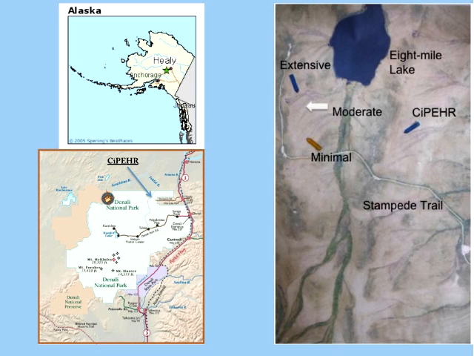The Stampede Road is located here, and a close-up of the CiPHER site just off of 8 Mile Lake. We have CiPHER here, and we have what's known as the gradient thaw site also over here on the left-hand side.